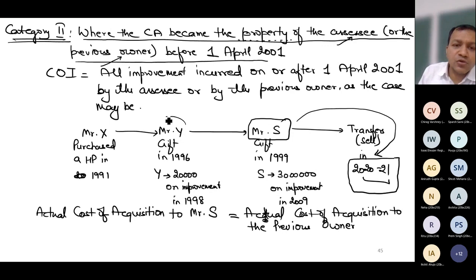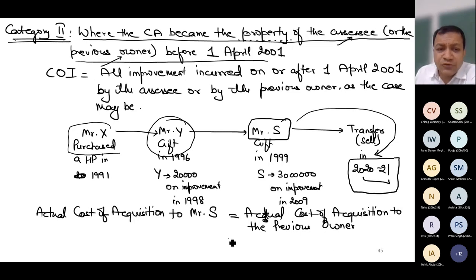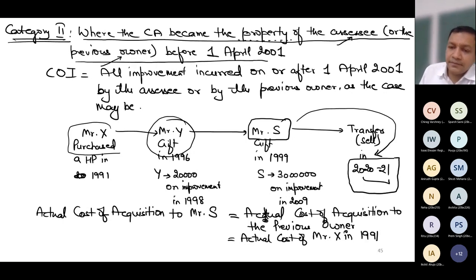Y also got it as a gift from Mr. X, and Mr. X purchased it. So whatever is the actual cost of Mr. X in 1991, that will become the actual cost of acquisition to Mr. S. This is when I used section 49.